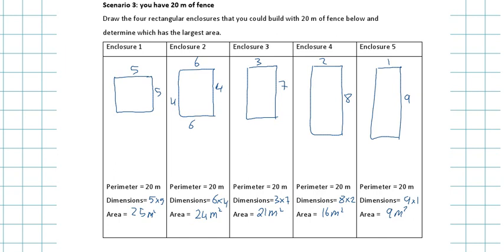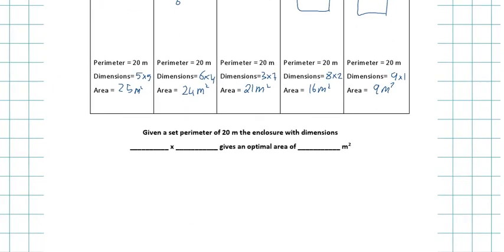Okay, can I move on? So the answer would be 5 by 5, and that gives an optimal area of 25 meters squared.